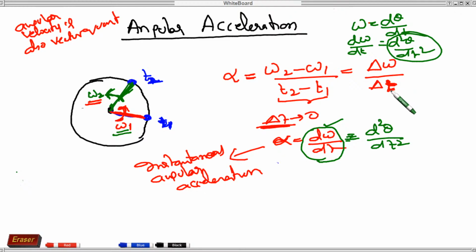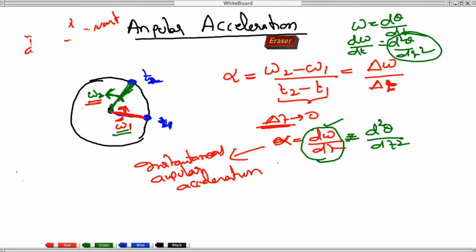Now let's see the directions of this angular velocity and angular acceleration.